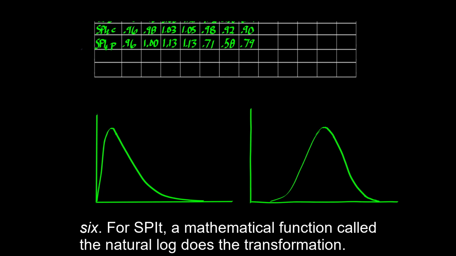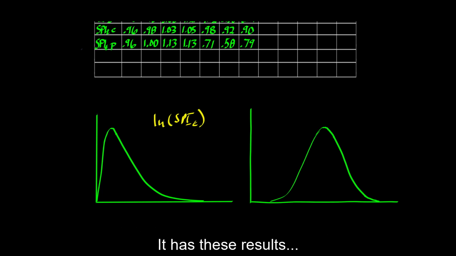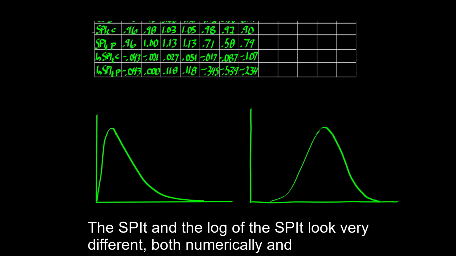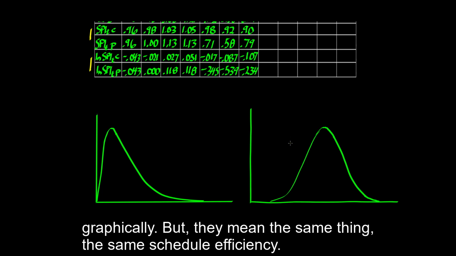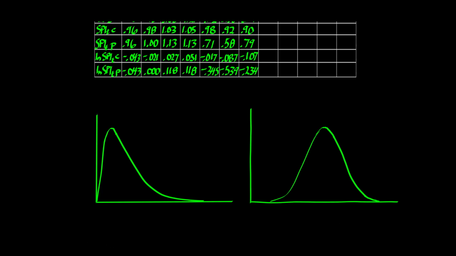For SPIT, a mathematical function called the natural log does the transformation. It has these results. The SPIT and the log of the SPIT look very different, both numerically and graphically. But they mean the same thing, the same schedule efficiency.